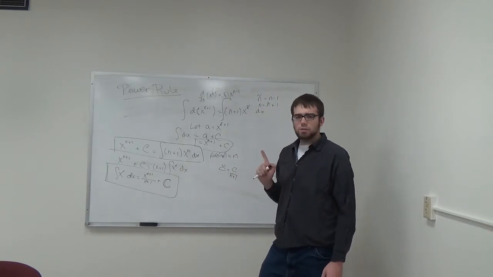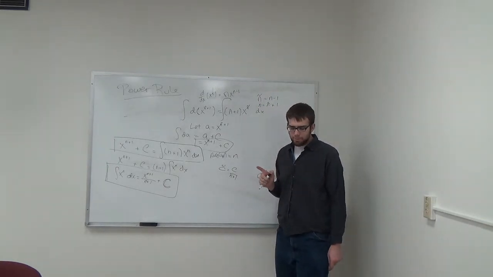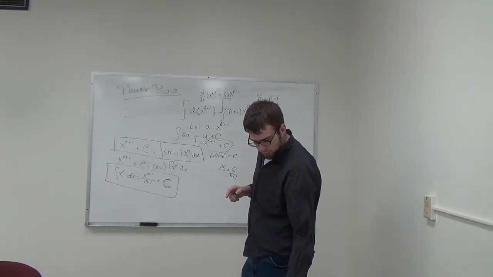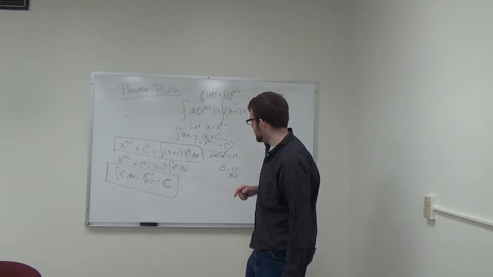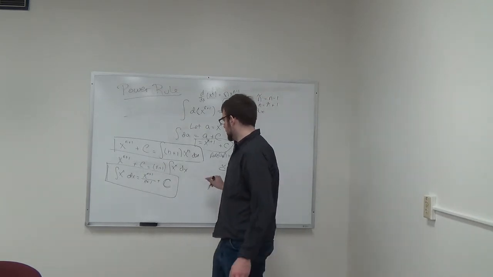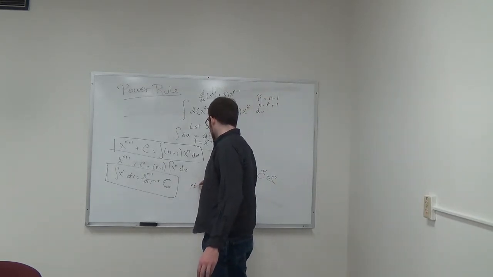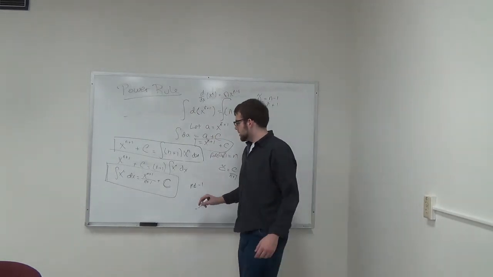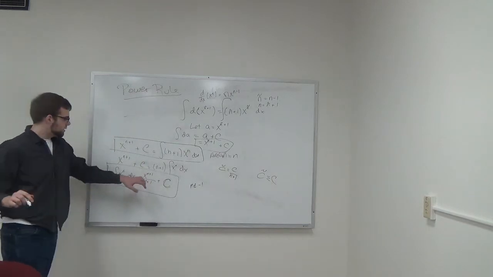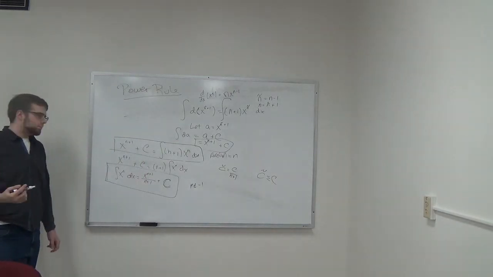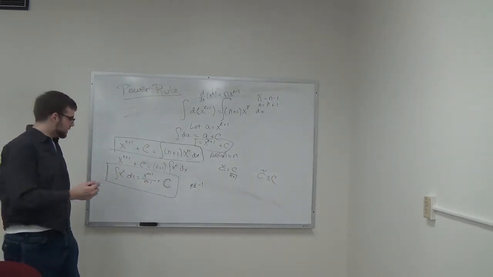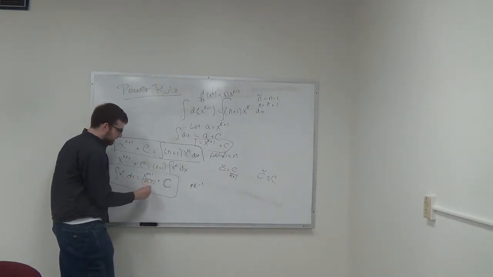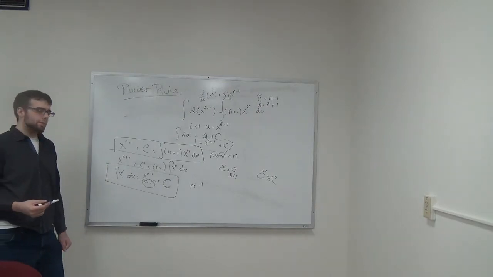So one quick side note before we move on with a couple examples. n cannot equal -1. Because if we were to do this, n plus 1 when n is equal to -1, -1 plus 1 is 0. And you have the 0 in the denominator.